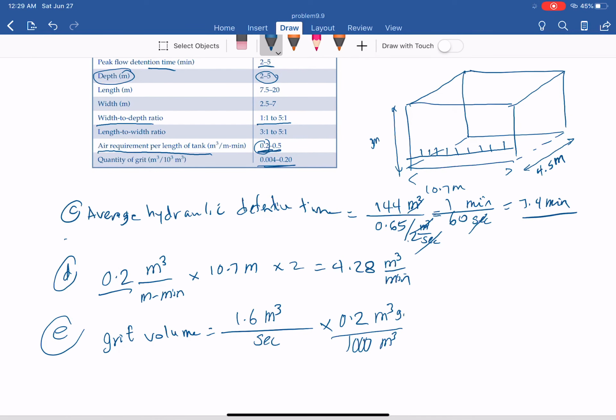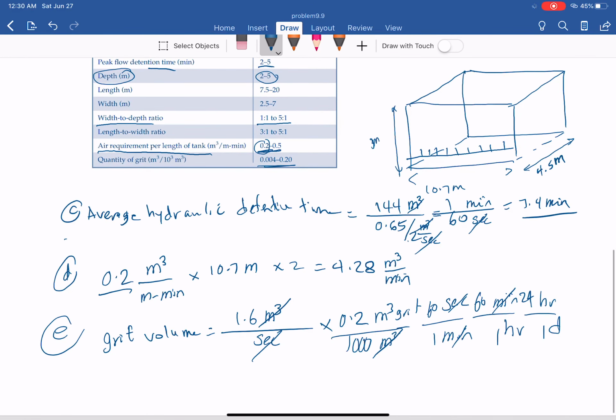This is grit, so this will be cancelled, and you'll have second and minute, and then we should make it 60 seconds, second with second, minute with hour, hour with day, and I think we needed to do it in days.